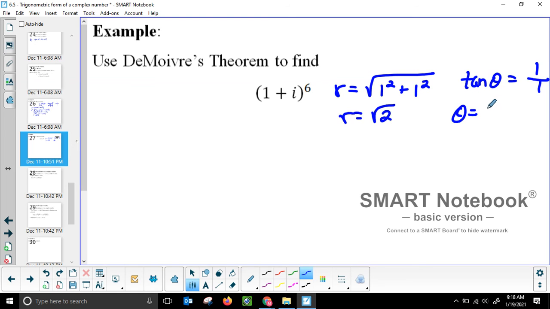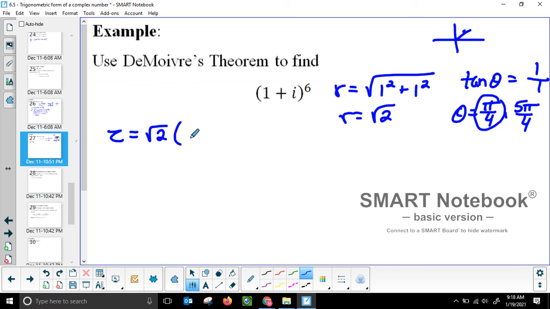Tangent is equal to 1 at pi over 4 and 5 pi over 4. If we were to graph this, 1, 1 would be here, in the first quadrant, so my theta is pi over 4. So z is going to equal the square root of 2 times cosine of pi over 4 plus i times the sine of pi over 4.